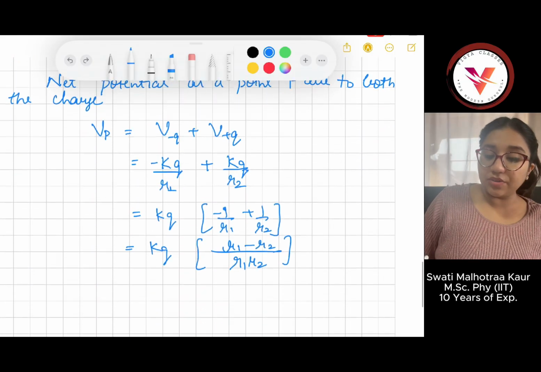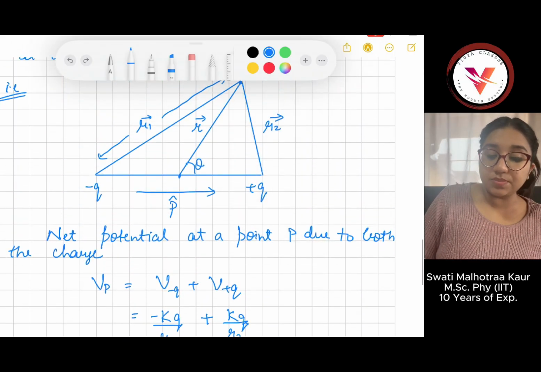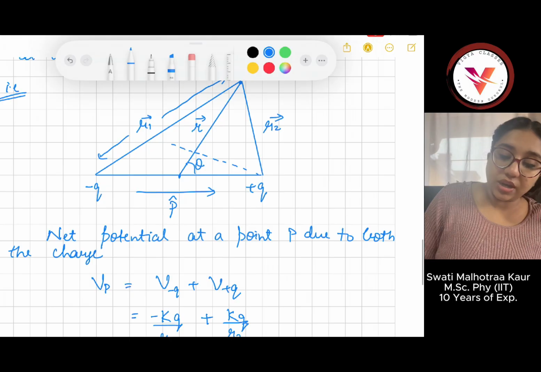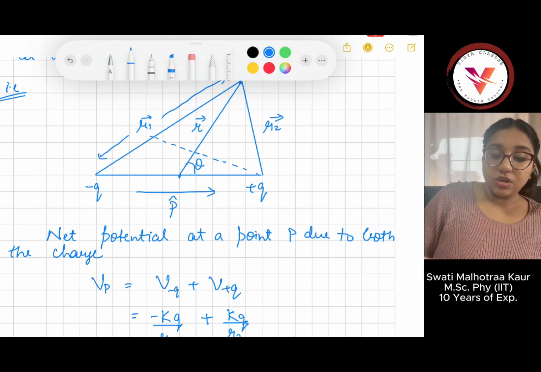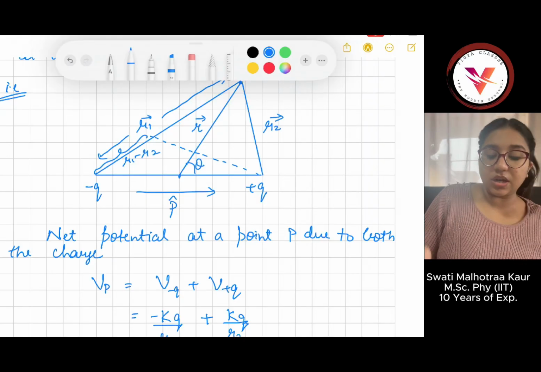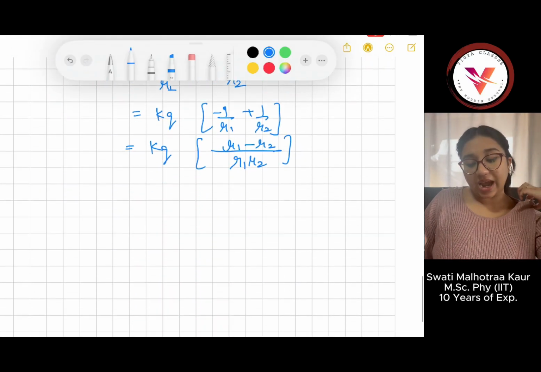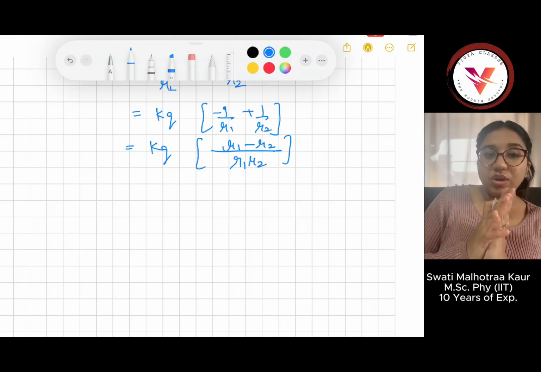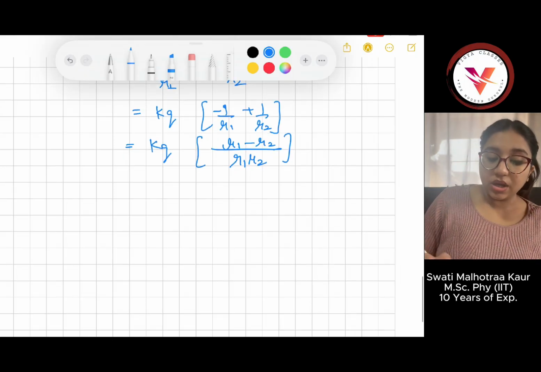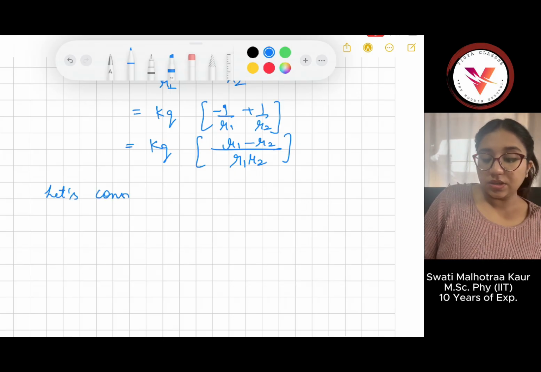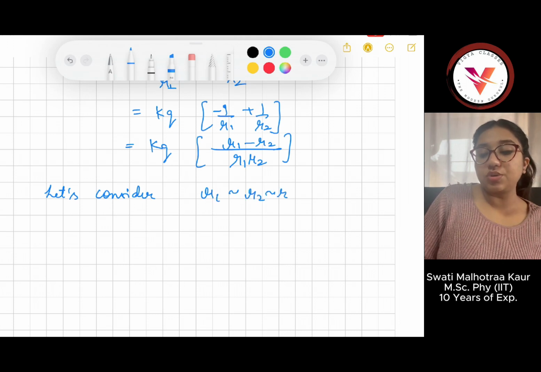Now as per the diagram, we have to calculate r1 minus r2. Since r1 is bigger, you have to just divide the path, and this is r1 minus r2. Okay, now after this we have to consider one condition. So let's consider that r1 is almost equal to r2 is almost equal to r.